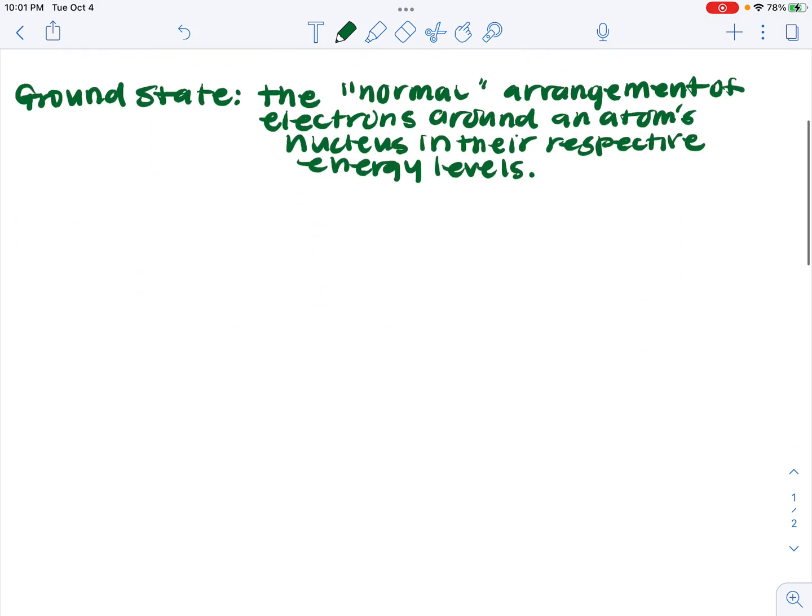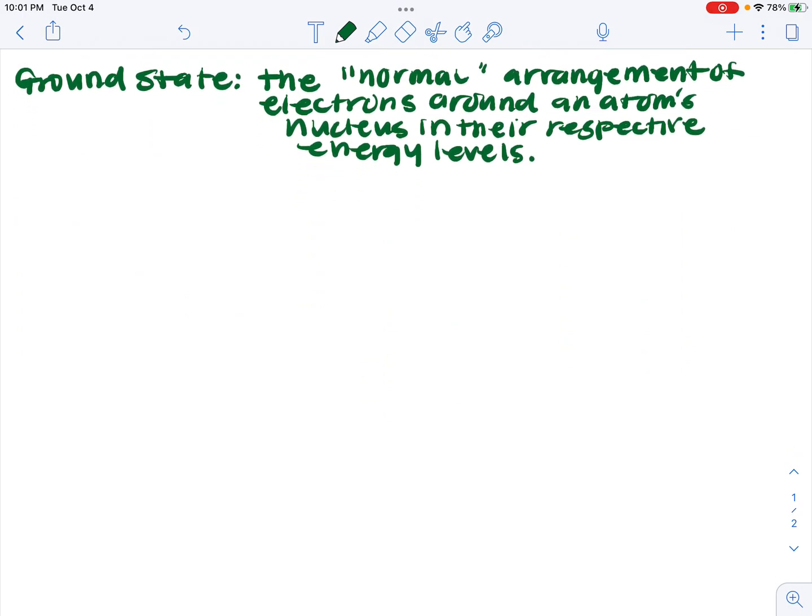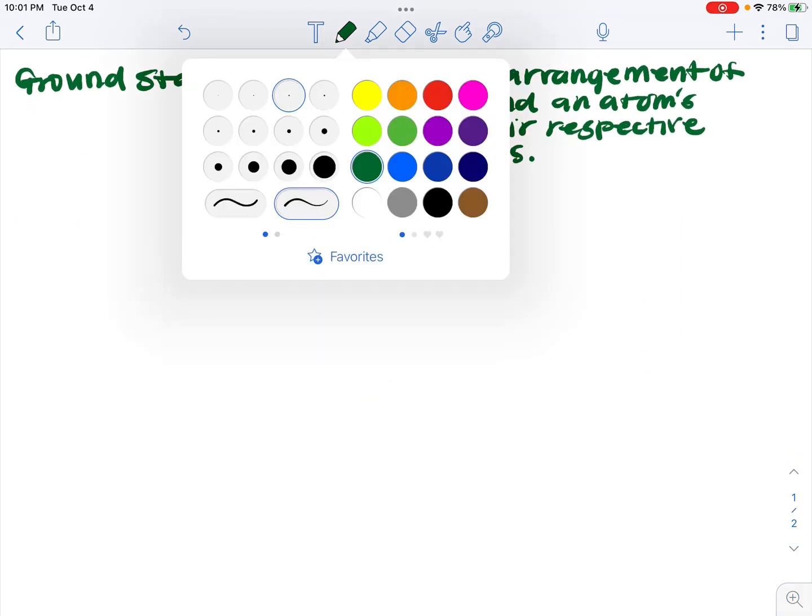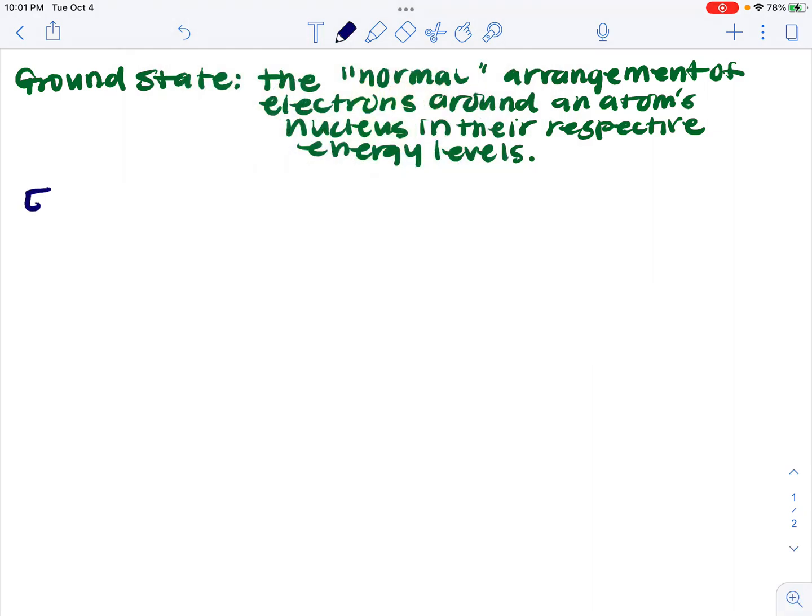So this is a ground state, and we're going to talk about where we can see the ground state. We've actually drawn some ground states recently.